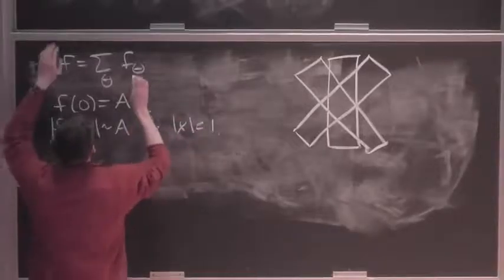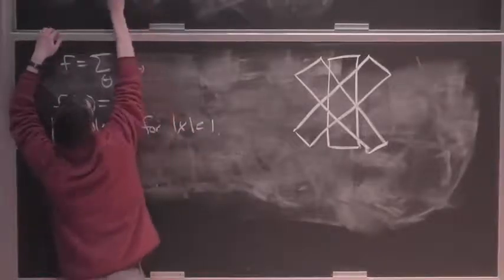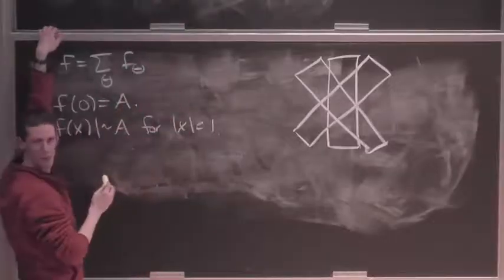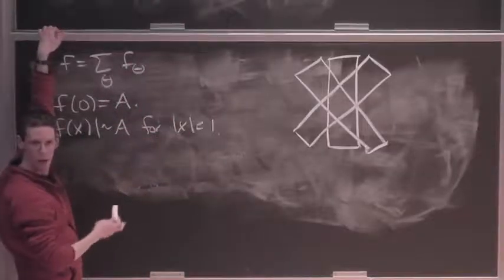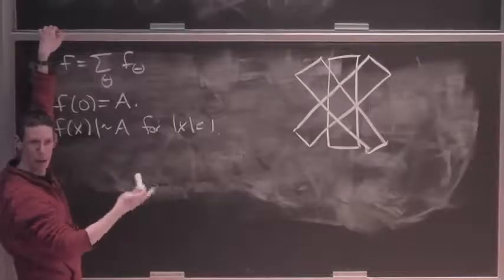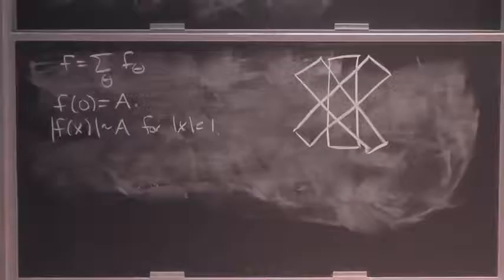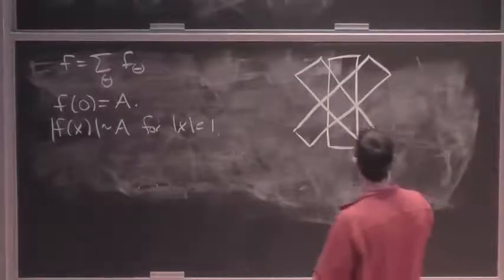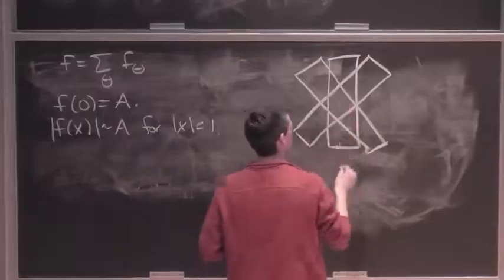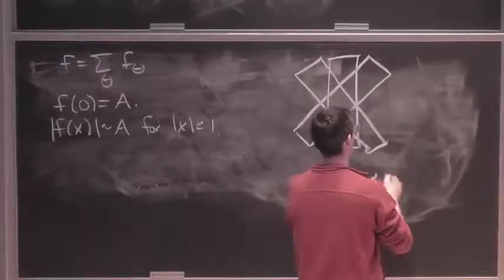Because if we're on the unit ball, or maybe a ball of radius a half, this phase is approximately positive. So all of the phases are approximately positive, and they add up constructively. So I'm going to symbolize that by drawing a red dot at the origin. And that red dot is the unit ball.